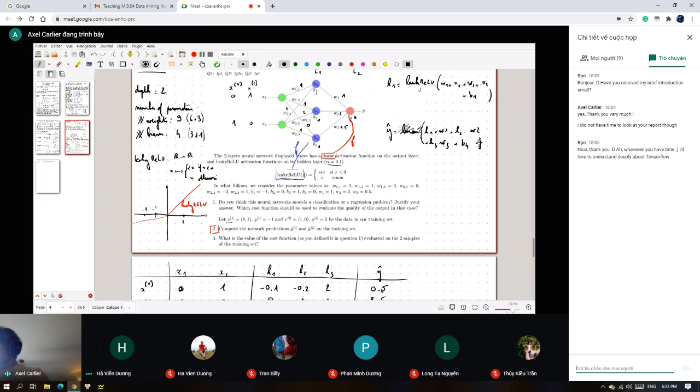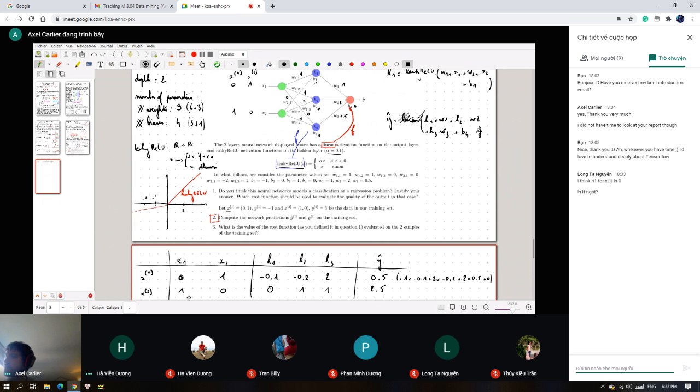Maybe I can write it. 0.5 equals 1 multiplied by 0 minus 0.2 minus 0.1 plus 2 multiplied by minus 0.2 plus 2 multiplied by 0.5 plus 0. If you compute this, it's exactly 0.5. Okay, so this is the answer for the first input, and for the second input, you can verify it yourself. It must be 2.5.